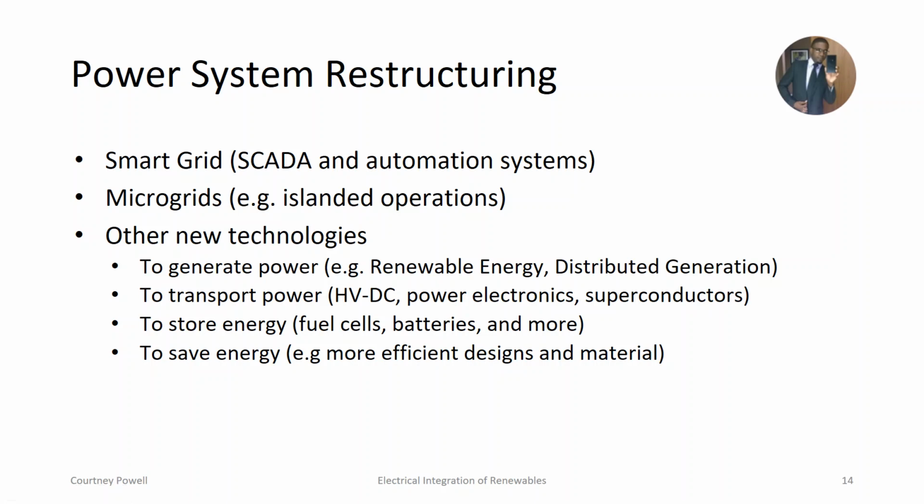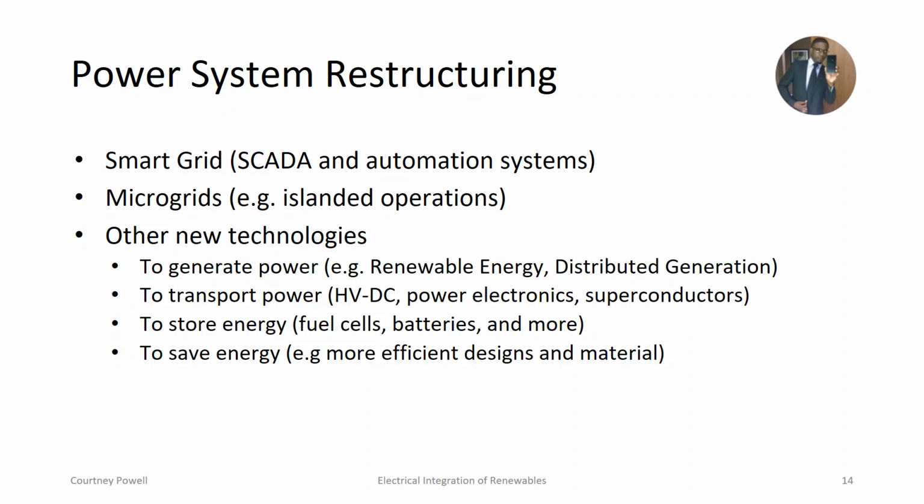Power system structure. So we look at power system restructuring. Given the emergence of new technologies, we see the emergence of the smart grid concept, and this looks at both the SCADA, which is supervisory control and data acquisition systems that are typically used in transmission grids and power plants, and coupled with that, automation type systems.